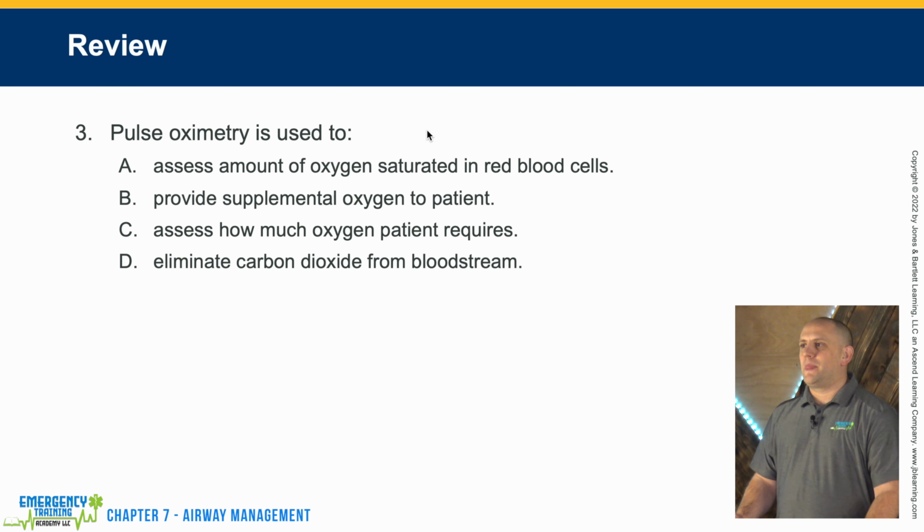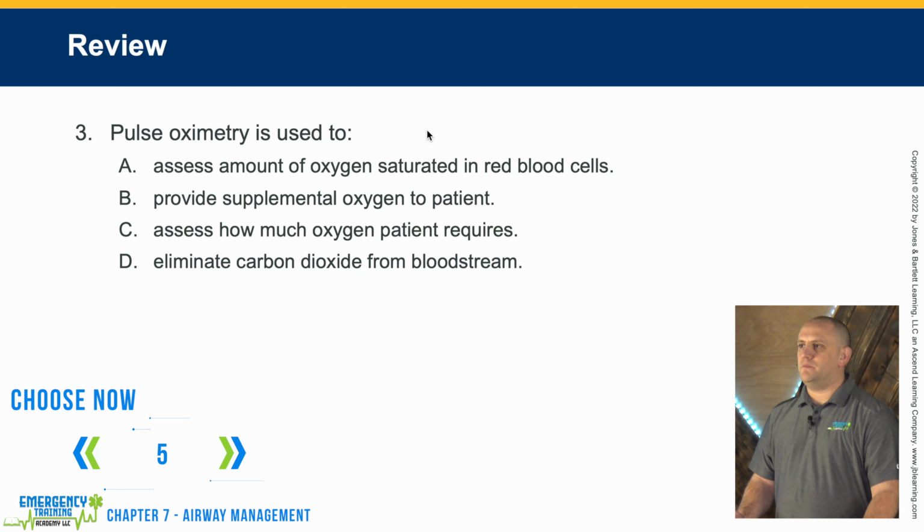And the last question. Pulse oximetry is used to assess amount of oxygen saturations in red blood cells, provide supplemental oxygen to a patient, assess how much oxygen the patient requires, or eliminate carbon dioxide from the bloodstream.